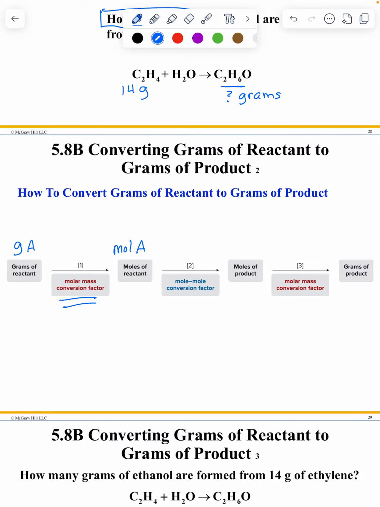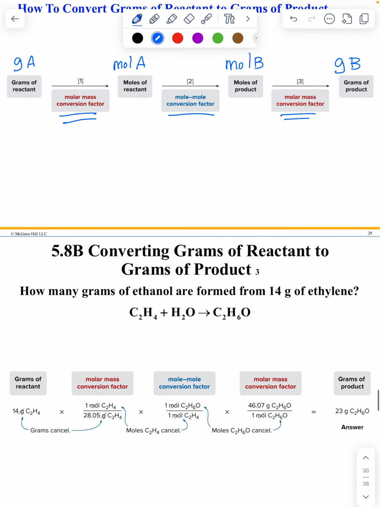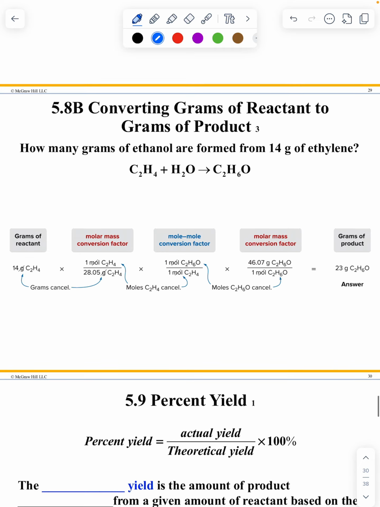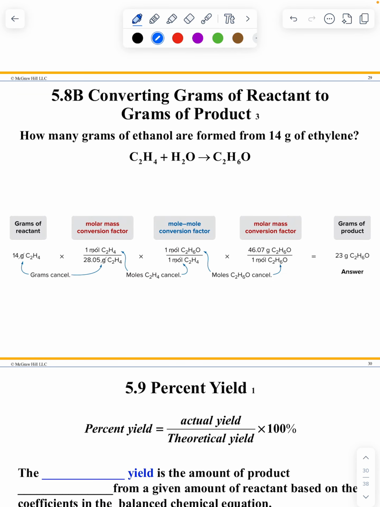All right, so they have set up the problem here. This is what we were initially given, 14 grams of C2H4. We're going to use the molar mass of C2H4, and notice that we have grams on bottom, so that grams cancels. Next step is to convert between moles of C2H4 to moles of C2H8O, and so we're using that mole-to-mole ratio, and in our balanced equation that's a 1-to-1 ratio, so we have it set up so that moles of C2H4 cancel.